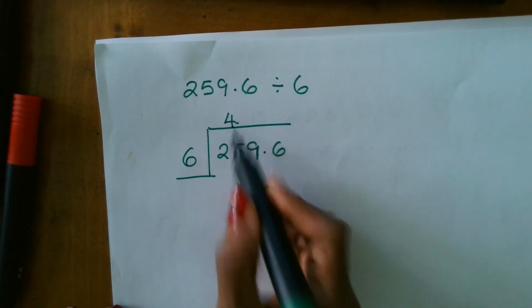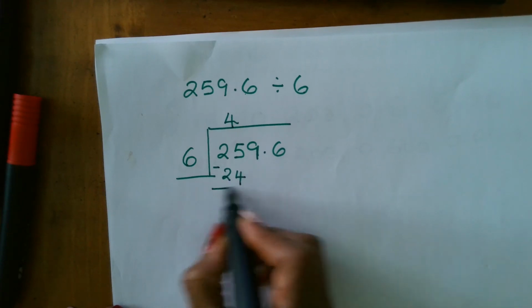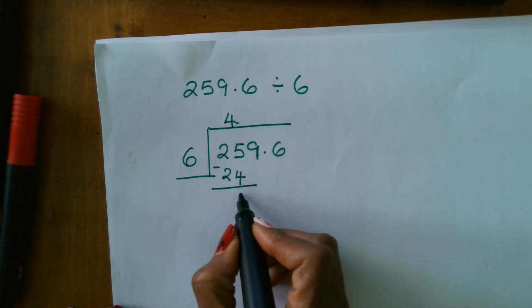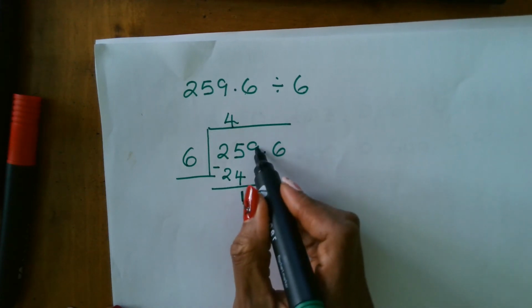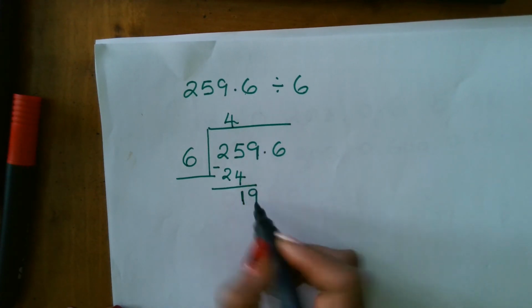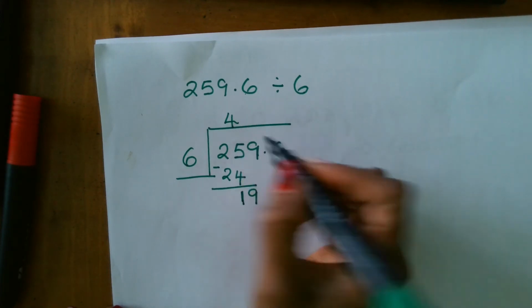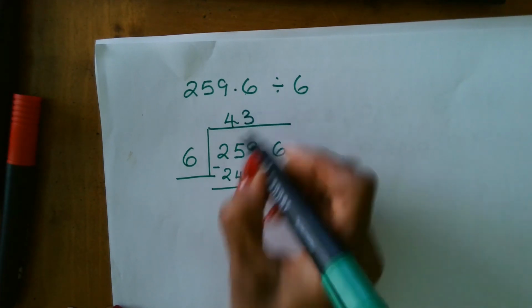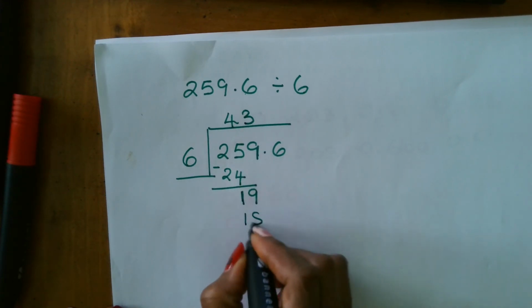So 6 times 4 is 24. If I take that away, I'm going to get 1 left. Because I have 1 left, I have to bring down this 9, making it 19. So 6 going into 19 would give me 3, because 6 times 3 is 18.